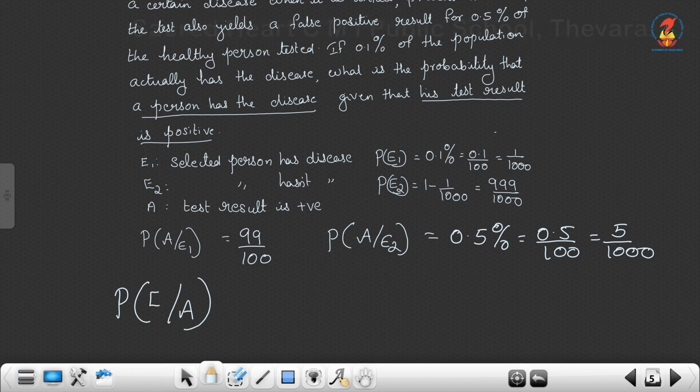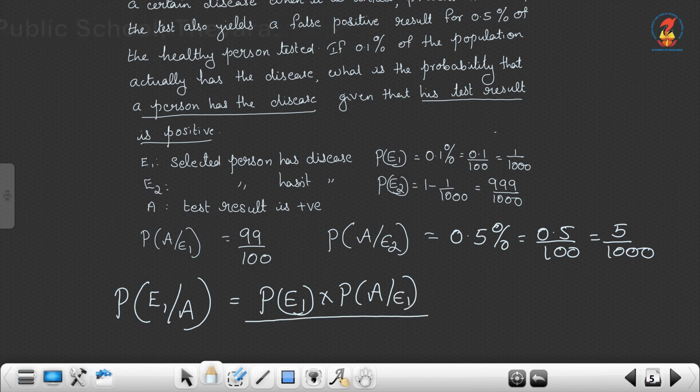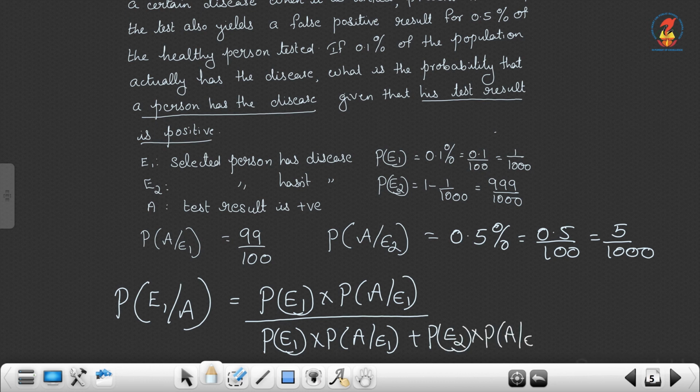Now the question is, the test is positive and the person has the disease, that is E1. So by Bayes theorem this is equal to P of E1 into P of A given E1, divided by P of E1 into P of A given E1 plus P of E2 into P of A given E2.